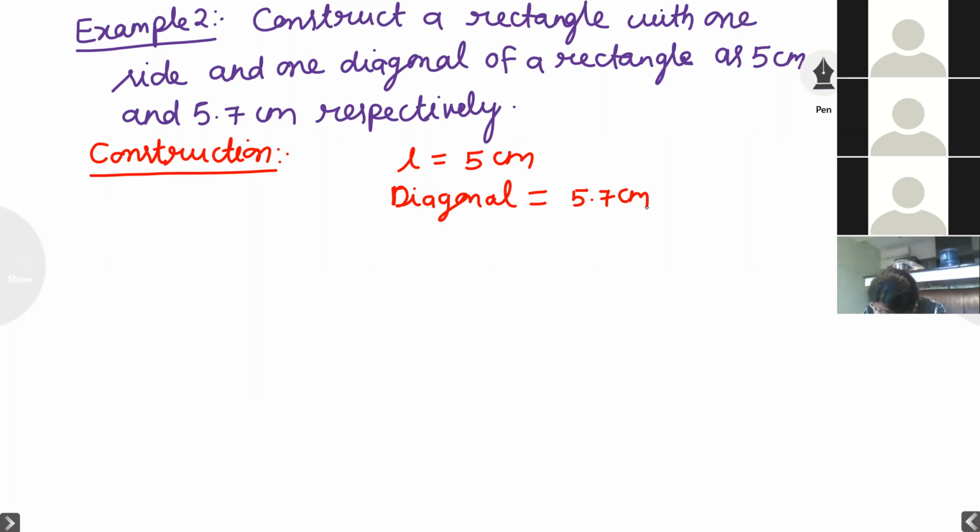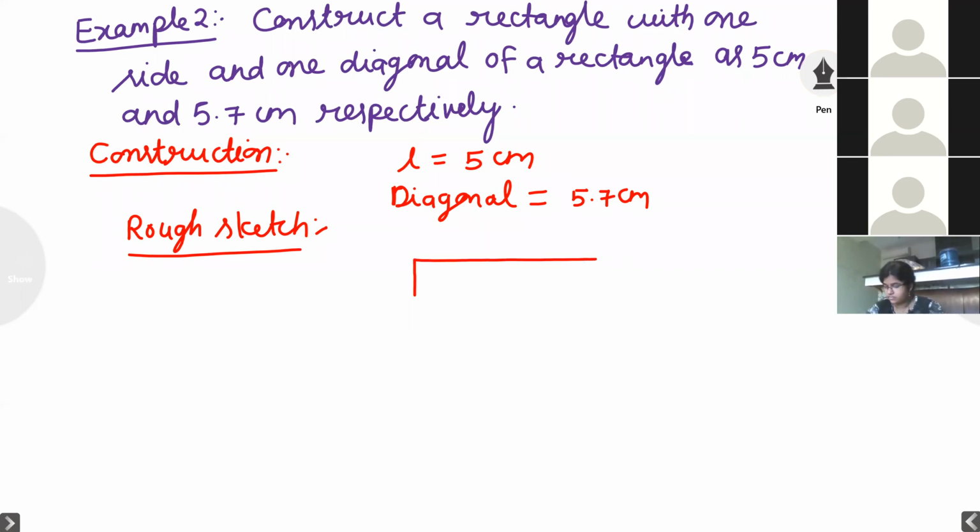Firstly, I want to draw one rough sketch. This is one rectangle. Suppose this name is ABCD.